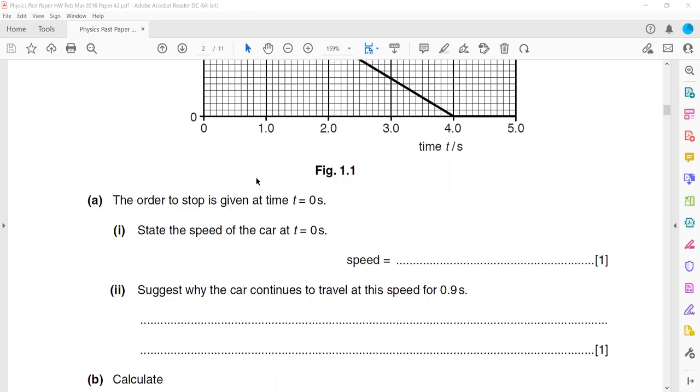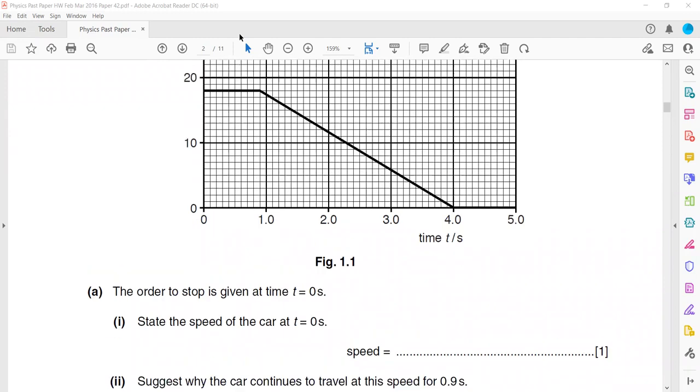Suggest why the car continued to travel for 0.9 second. What is the reason why, even though the instructor ordered the student to stop the car, the student did not stop? The student did not apply the brake. So what is the reason? Because the student will take time to react. So as he took time to react, he did not press the brake pedal.